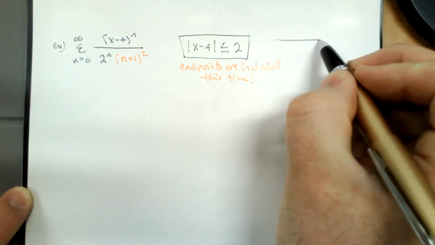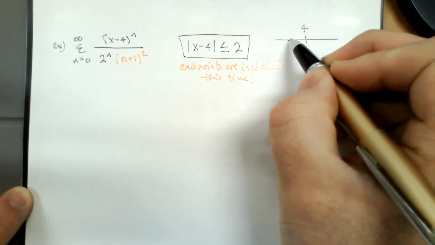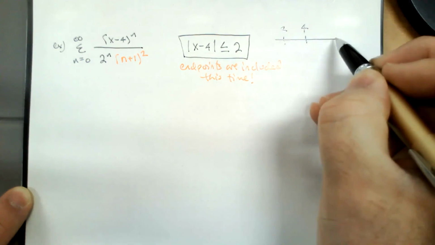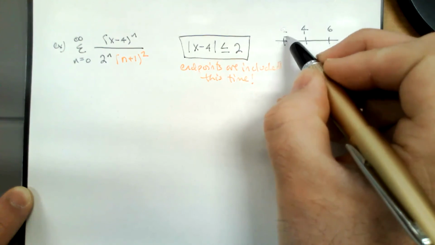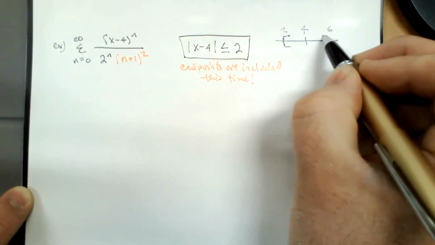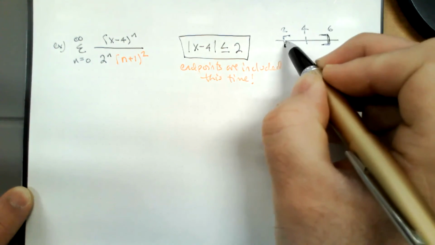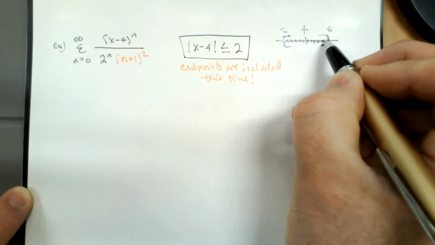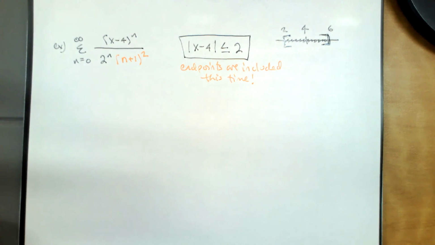We're drawing it. In the center, we have a 4. At the bottom, we have a 2. At the top, we have a 6. And we put a square bracket to indicate we want to include 2 and 6 in the interval of convergence.